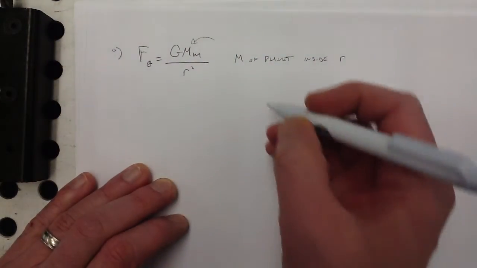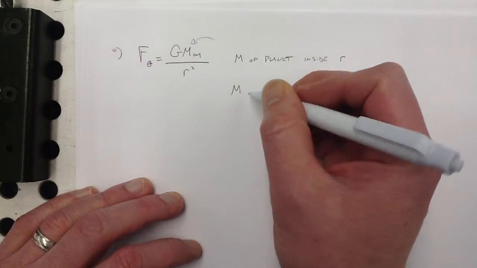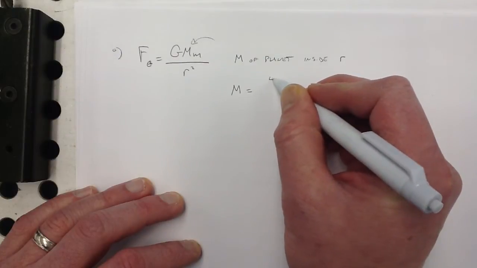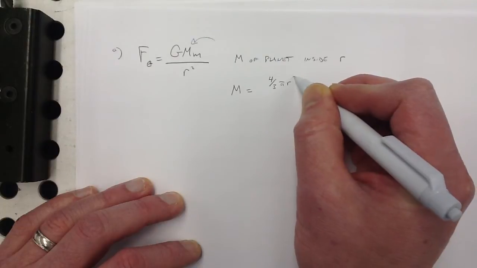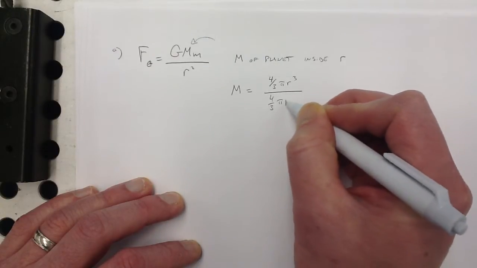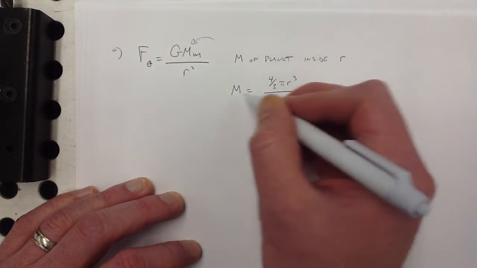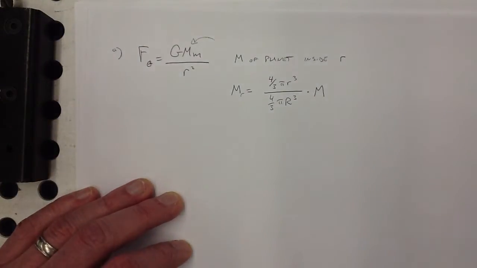So what is that M? Well, it's like a portion of the whole thing. That mass of the planet inside r is like 4/3 π r cubed over 4/3 π R cubed times the mass of the whole planet, right?